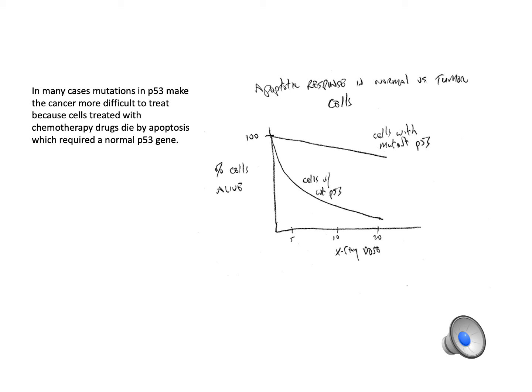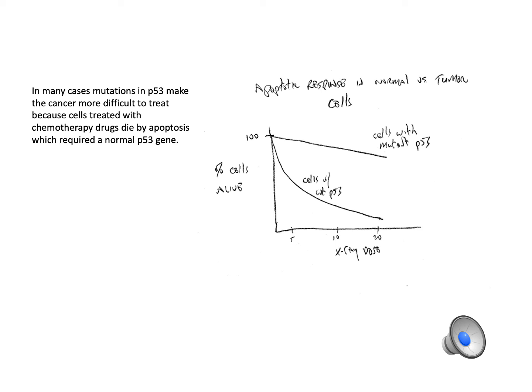But they're not undergoing the apoptotic pathway, they're undergoing some kind of senescence or just basically cell death. So p53 also induces the apoptosis, which is required for many chemotherapies.